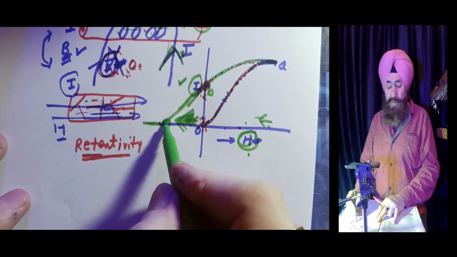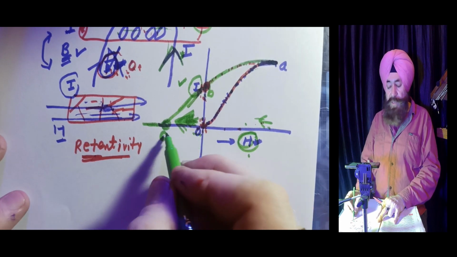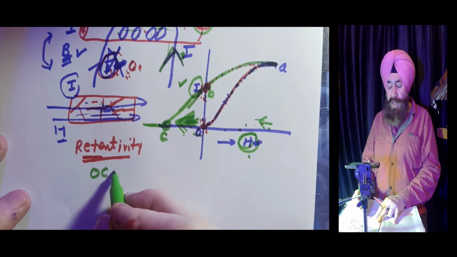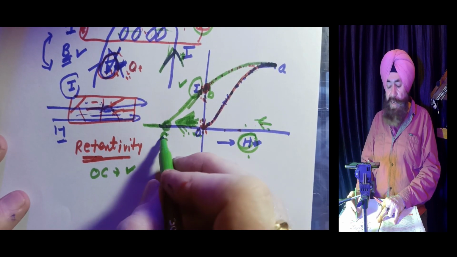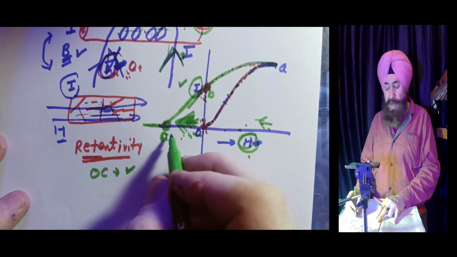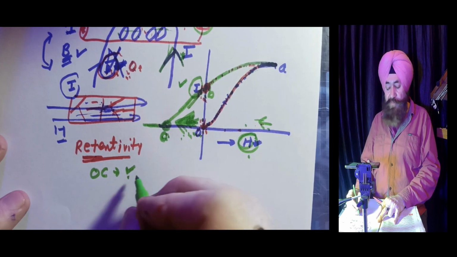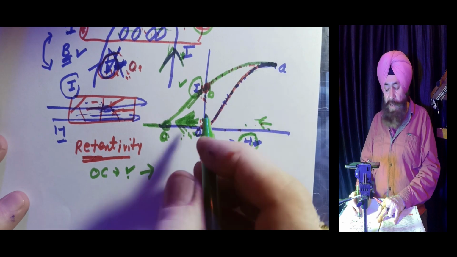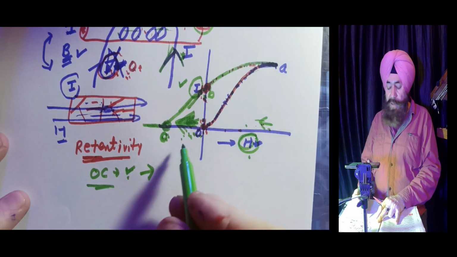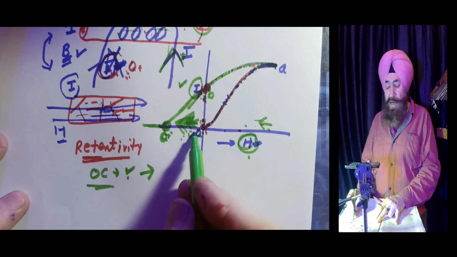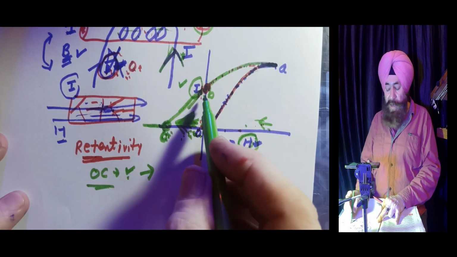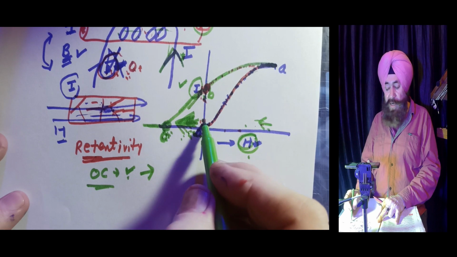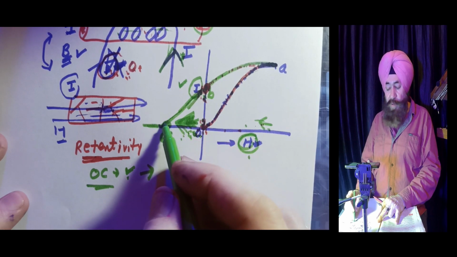This is again very important. This is the magnetizing force OC. OC is the negative value of the magnetizing force. It forces the retentivity to drop to 0.